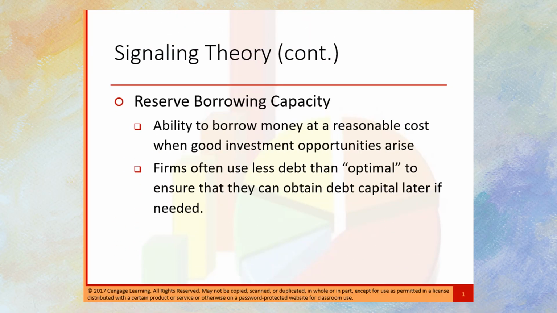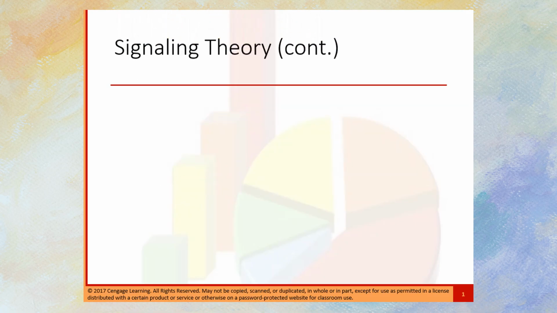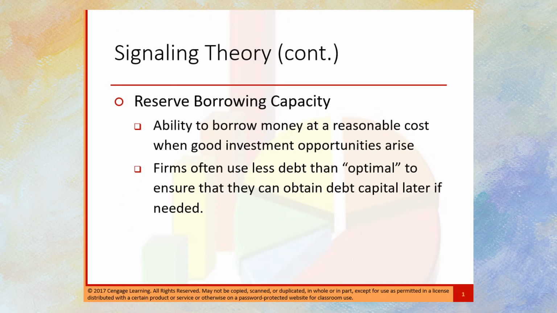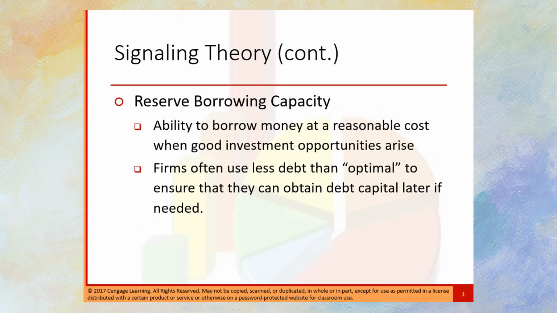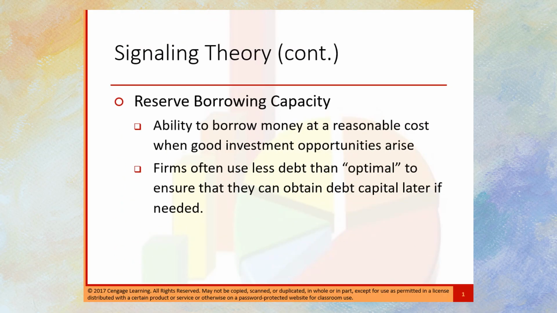Alternatively, if a company takes on debt, investors might see that as a positive signal, a show of confidence that future cash flows will be strong enough to cover the interest payments. Bottom line, managers often make financing decisions not just for economic reasons, but also for signaling purposes, and those signals influence how investors interpret the value of the firm.